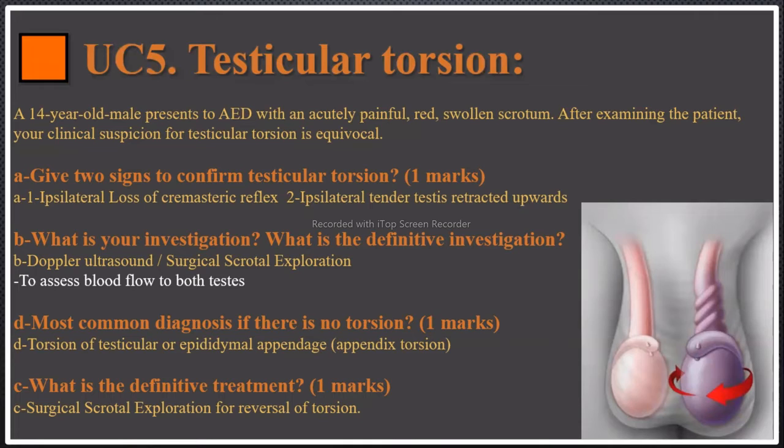What is the investigation of choice after that? Is this one ultrasound already? Here, clinical suspicion is equivocal, so your examination is 50-50, and you did an ultrasound that was also equivocal. So what do you think? What is the next investigation?